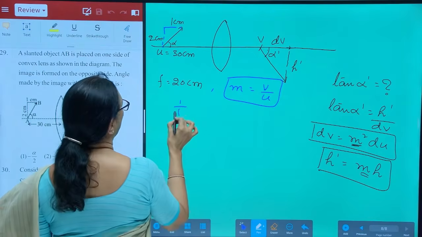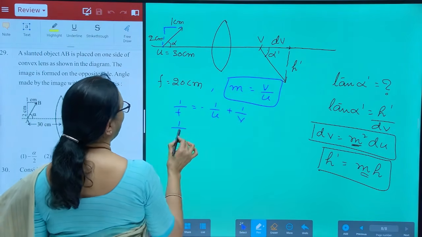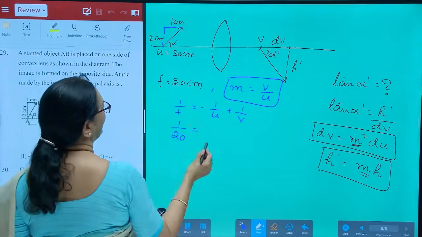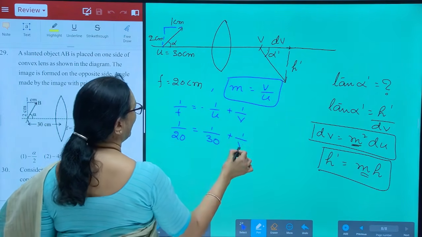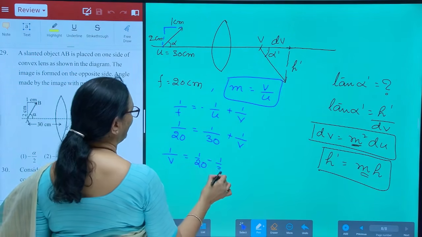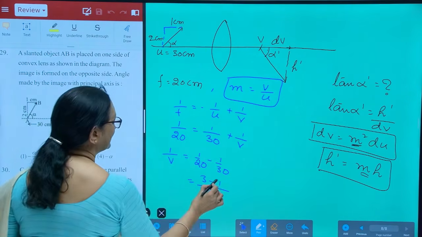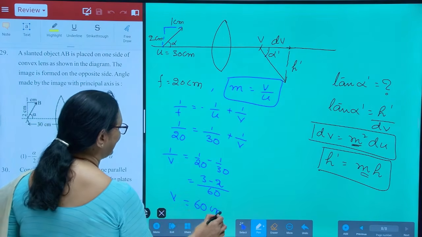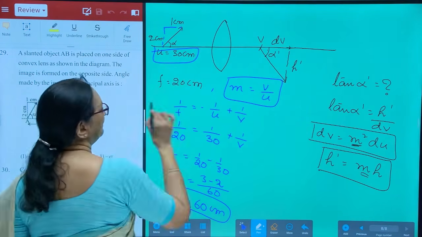From the equation 1 by f is equal to minus 1 by u plus 1 by v, 1 by f is 1 by 20. u, as the distance is taken as negative, minus of minus becomes plus 1 by 30 plus 1 by v, from which 1 by v is equal to 1 by 20 minus 1 by 30. That is equal to 3 minus 2 over 60. So v is equal to 60 centimeters, whereas u is equal to 30 centimeters.